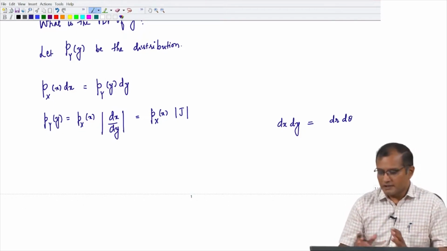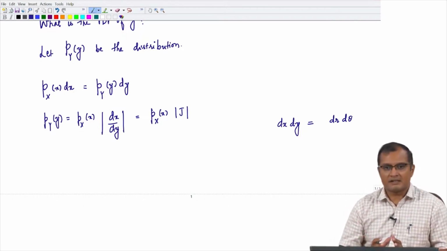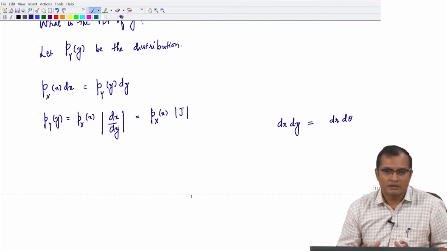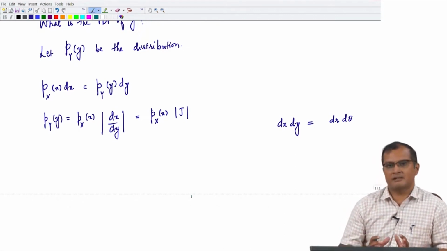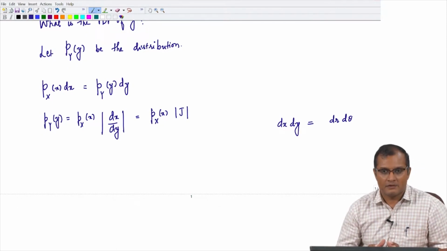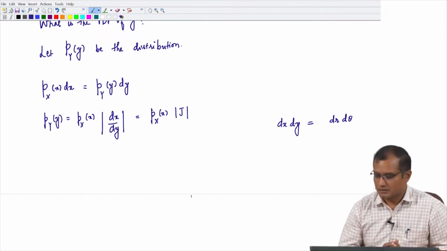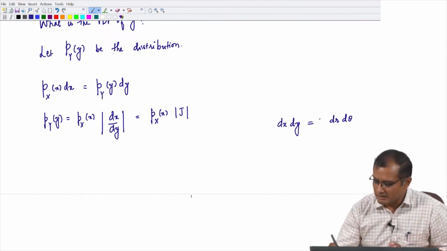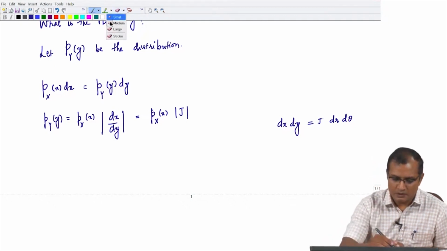This would be like saying how the area element dx dy, just a minor digression, is related to the area element in plane polar coordinates. Now, the left hand side is an area element, it has dimensions of length square. If you look at the right hand side, it is just length. So, clearly something is missing here, and the something that is missing is the Jacobian of the transformation.